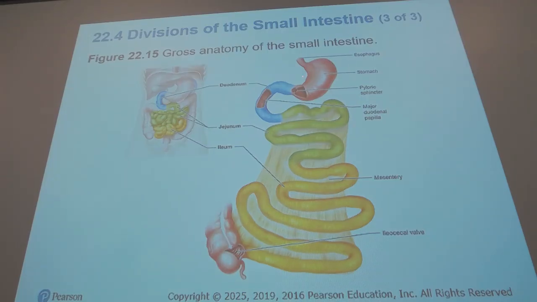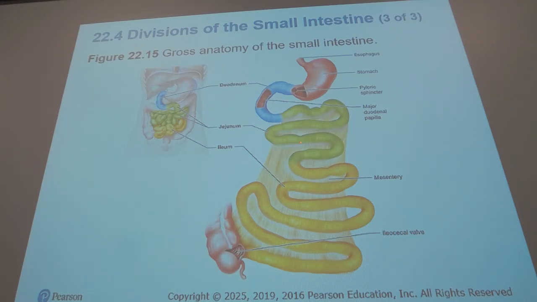Now, for the gross anatomy, the small intestine is subdivided into the first part, which is the duodenum, which is small in comparison, of course, to the jejunum, which is the second largest or longest, and the ileum, which is the largest part of the small intestine.